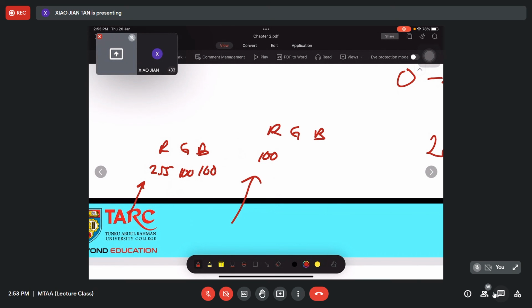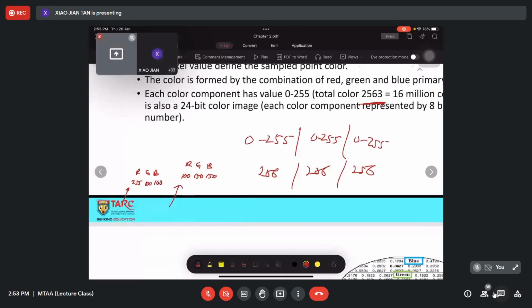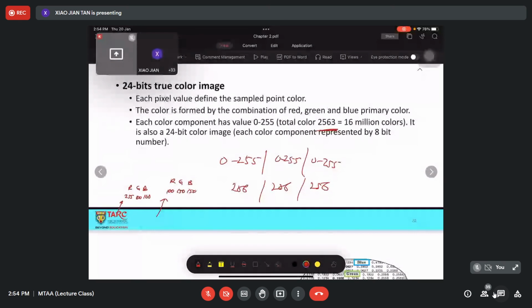Because this is forest green, the blue and green values must be higher, should be around this, something like that. So this is how color is formed, by using just the gray values 0 to 255 for red, green, and blue, 3 different layers. So 8 times 3 is 24. That's why it is 24-bit.